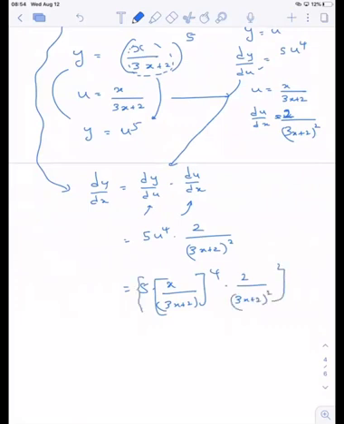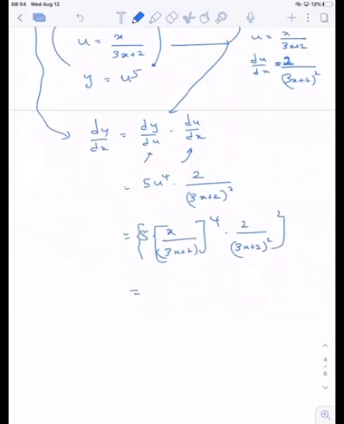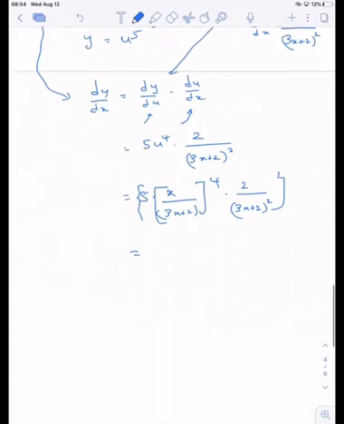Right, so this is the whole thing. And then you can simplify these terms. So you have 10x to the power 4 over 3x plus 2 to the power 6. And this is another way of doing the same chain rule, right?